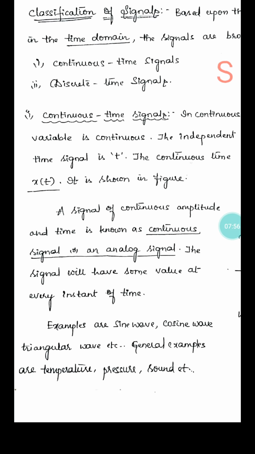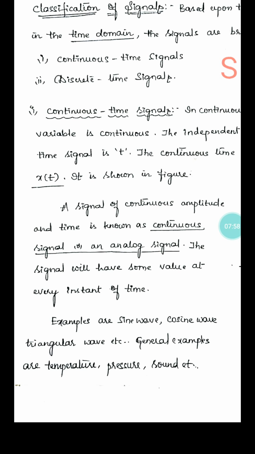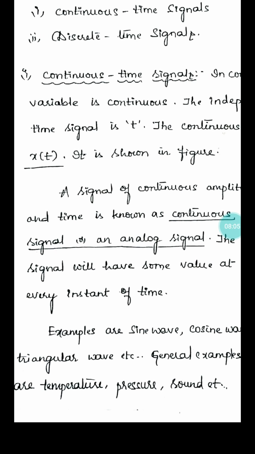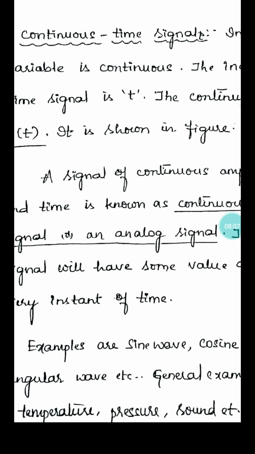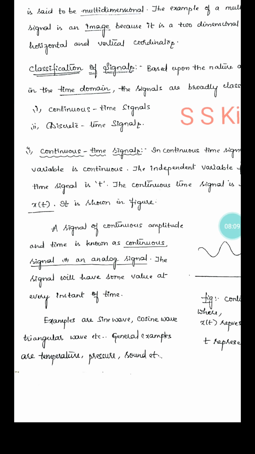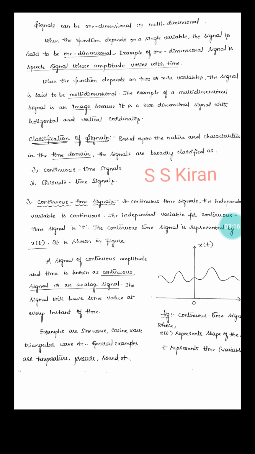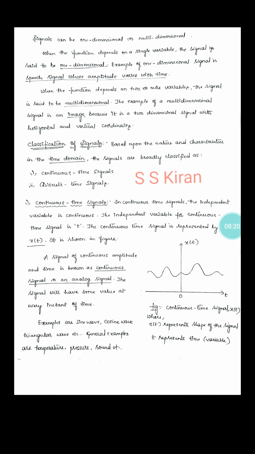Concentrate on this important word: continuous is nothing but some value at every instant of time. This is a very, very important point. That's why it is called continuous time signals. Examples: sine wave, cosine wave, triangle wave, and general examples like temperature, pressure and sound, etc. Continuous means some value at every instant of time.